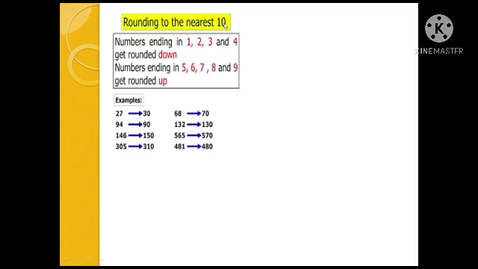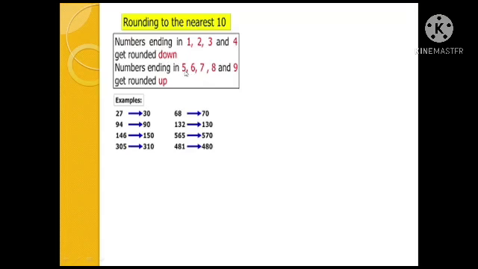We have to see the next number, the ones place. If the ones place is 1, 2, 3 or 4, we have to round it down. We have to reduce the number, to the nearest lower number.